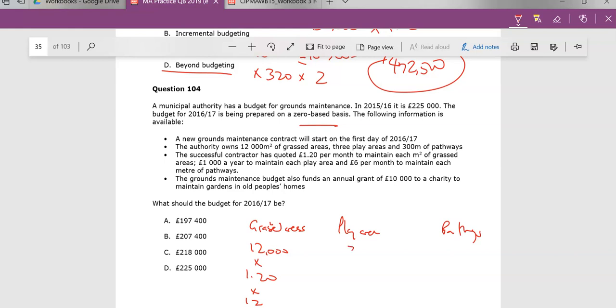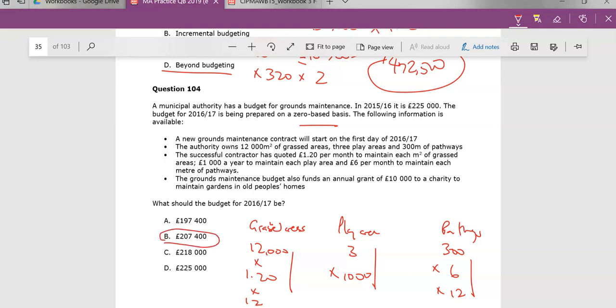Play areas. There are 3 play areas, and he's willing to charge £1,000 a year. And pathways. It's 300 meters of pathways, and he's willing to charge £6 per month to maintain each meter of pathway. We multiply that by 12. So multiply all of these, and that should bring you to the figure of 207,400.